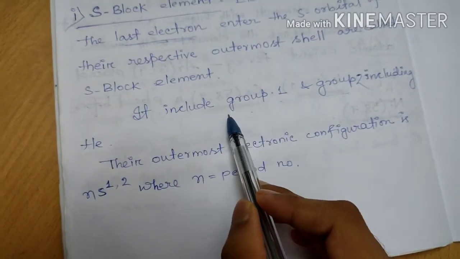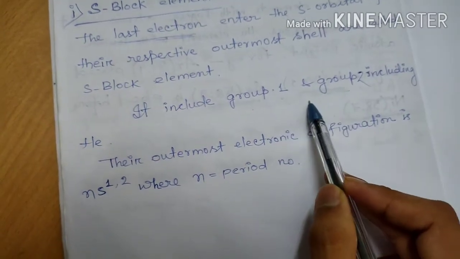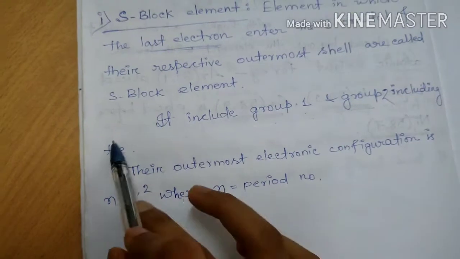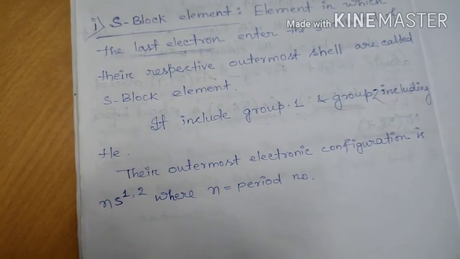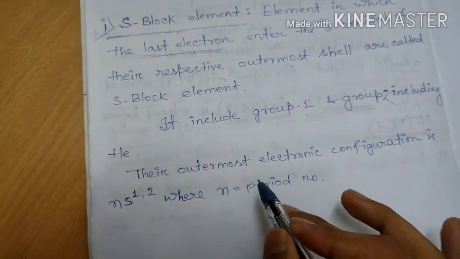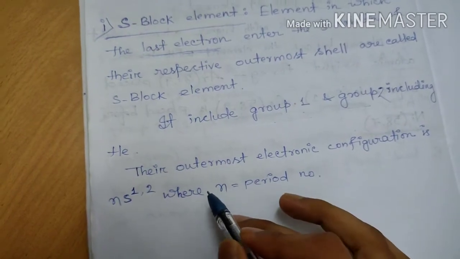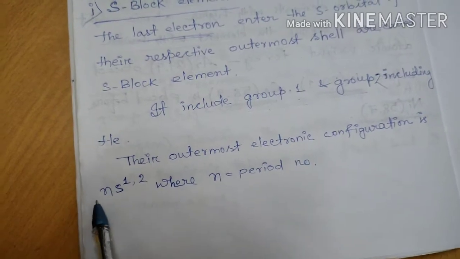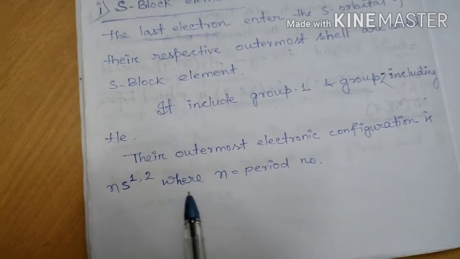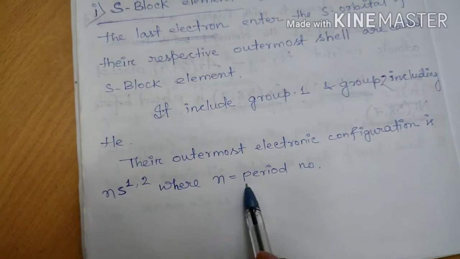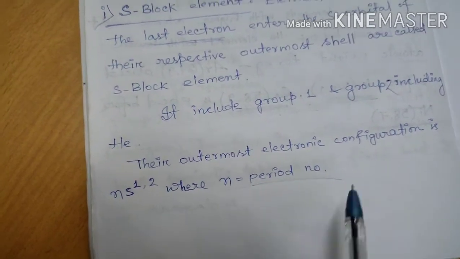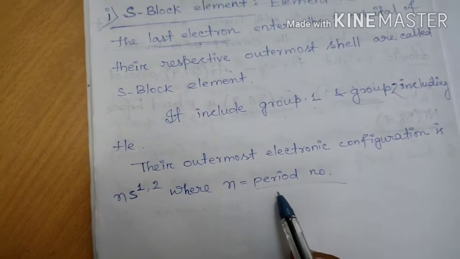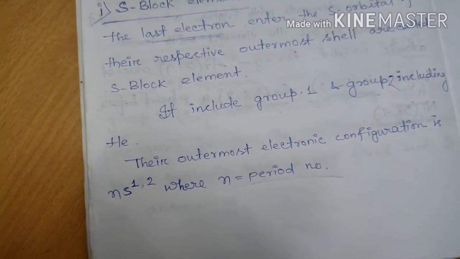So all the elements of group 1 and group 2 are S block elements, as well as helium. And again you see, their outermost electronic configuration is ns1-2, where n stands for the period number or principal quantum number, because the principal quantum number gives the period number.